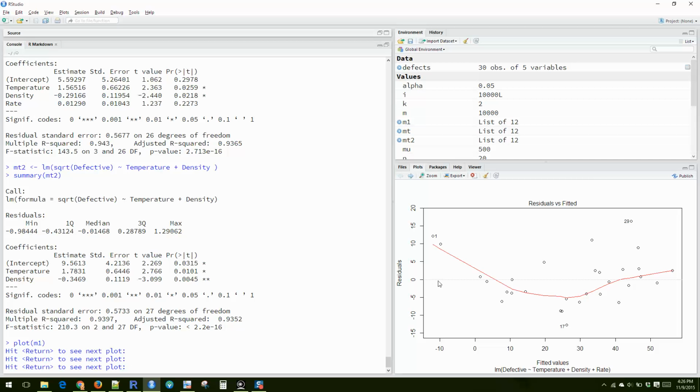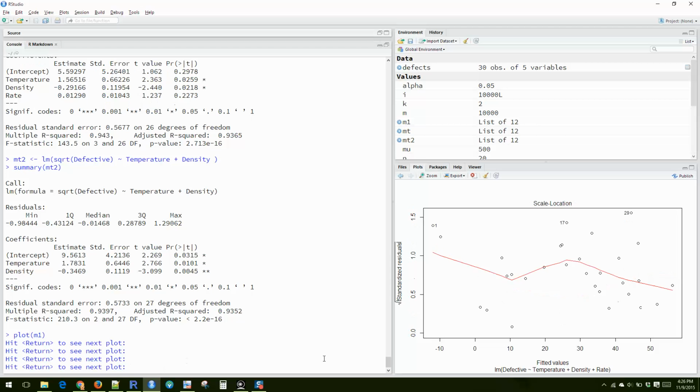Ideally you want the red line to be flat, and you want the amount of spread in the residuals to be flat. Then the scale-location plot: does the amount of spread in our residuals remain constant? We want the red line here also to be flat.